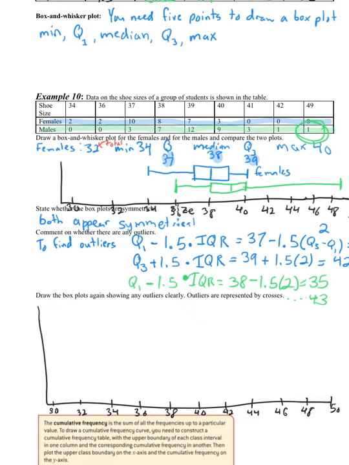All right, so the women's graph didn't have any outliers, so it should be the exact same. It's going to start at 34. It's going to have its Q1 at 37, median at 38, Q3 at 39, and its max at 40.